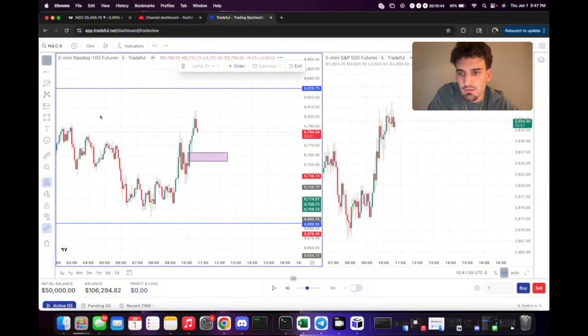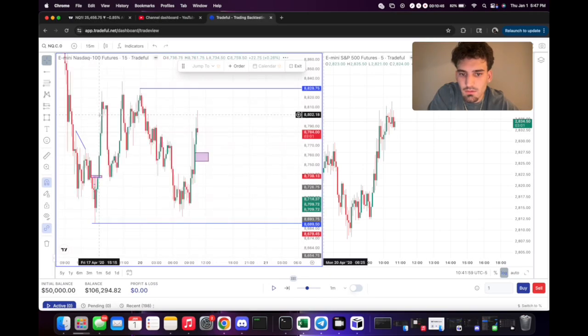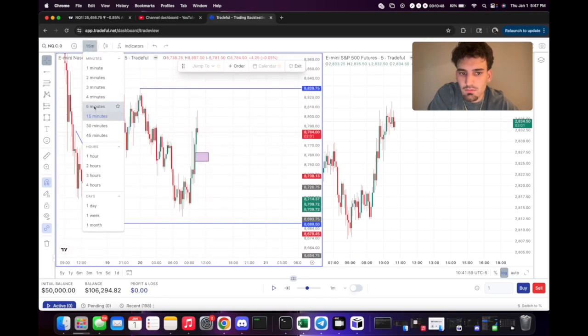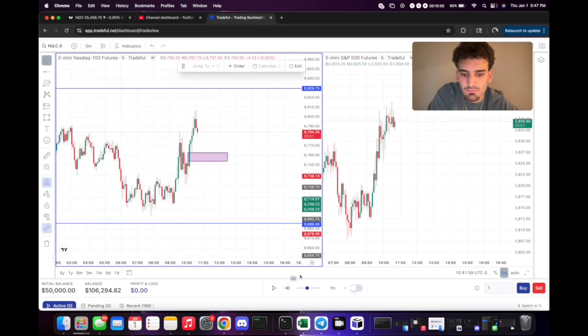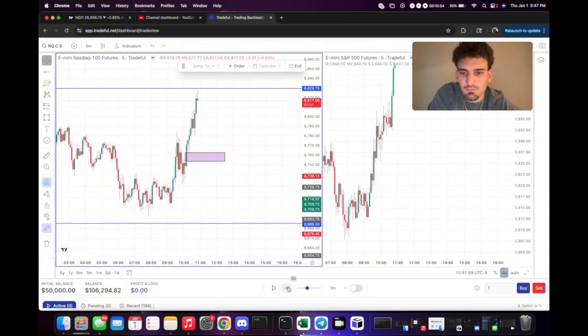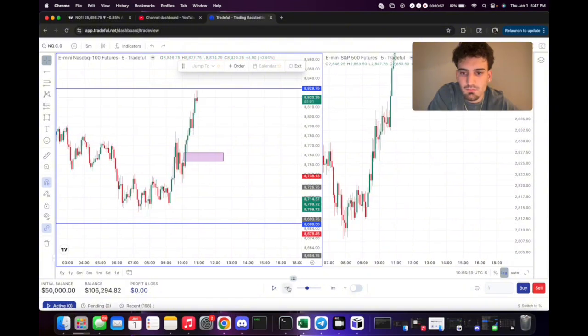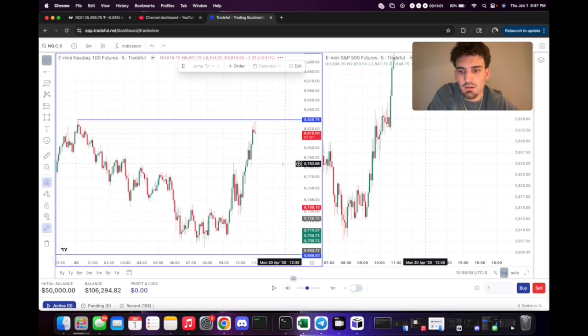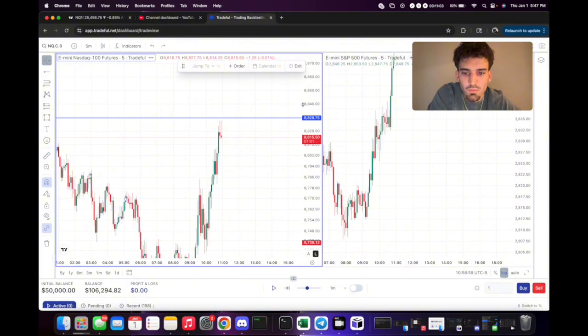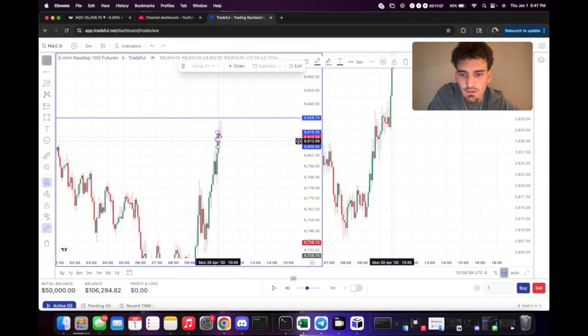Check the 15 minutes or any 15-minute time frame. Fair value gaps, no. Okay, so clearly we're drawing towards this high. We did just tap into this fair value gap here on the 5-minute.